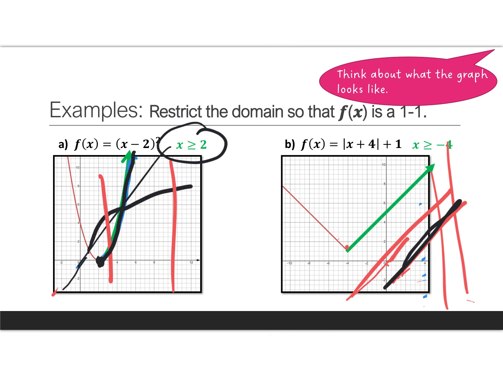Greater than or equal to 2. That I can restrict the original picture to just that piece. The absolute value, I want x to be greater than or equal to wherever this vertex was. That's a -2. So greater than or equal to a negative 2 will work just fine.